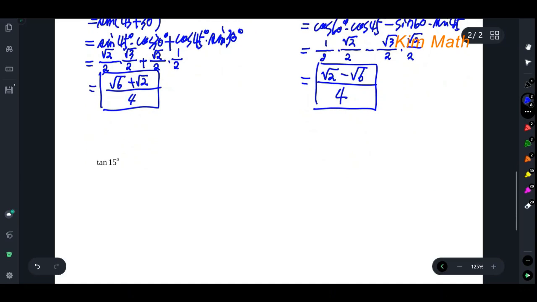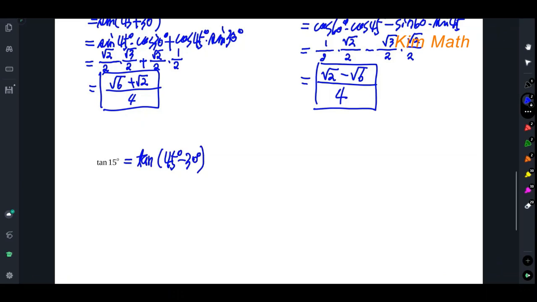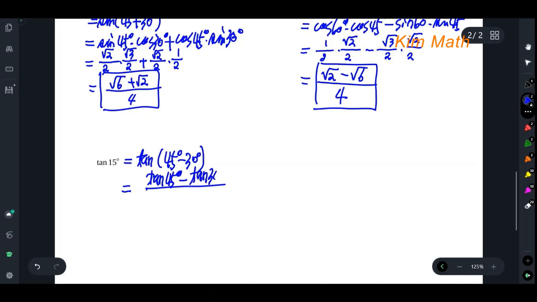Okay, one more question. Tangent of 15 degrees. Again, 15 is not a special angle, but 15 can be 45 degrees minus 30 degrees, which are both special triangles. If I use the sum and difference identity for tangent, this will be tangent 45 degrees minus tangent 30 degrees over 1 plus tangent 45 degrees times tangent 30 degrees.